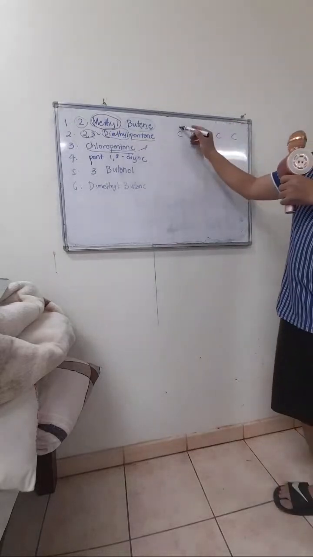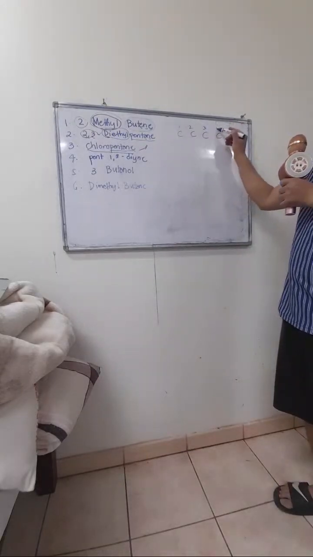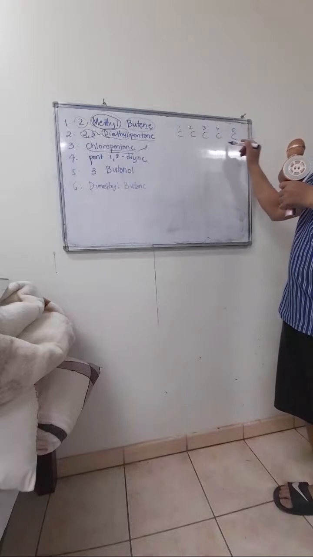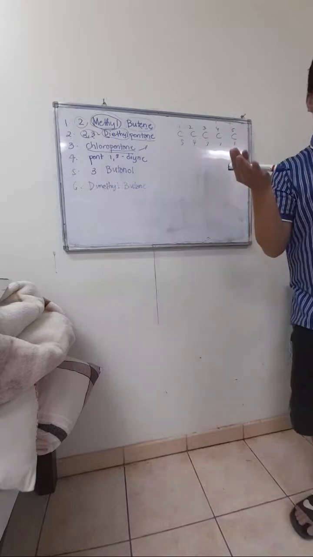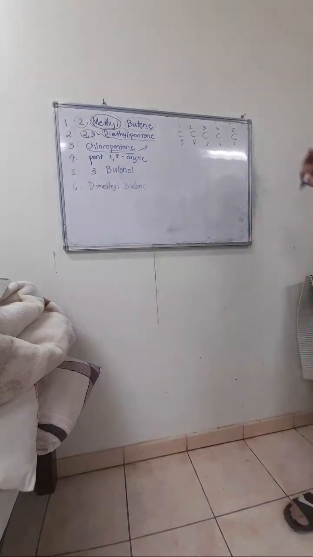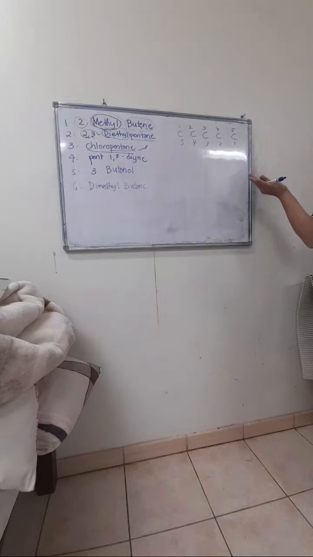Carbon 1, carbon 2, carbon 3, carbon 4, carbon 5. Now, if you try to be true to yourself, it doesn't actually matter where the number is when you do the attachments, as long as you understand, because it depends on how the examination states it.